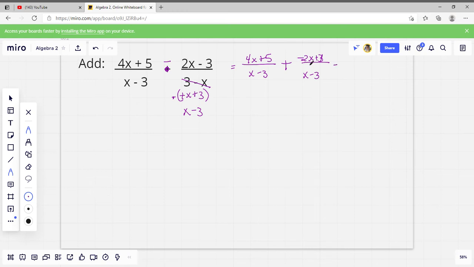Okay, so I'm just moving that negative around. All right, so this would be 4 minus 2, which would be 2x, and then 5 plus 3 would be 8 over x minus 3. All right, so just remember there are three places where your negative can be, and you can move them around.